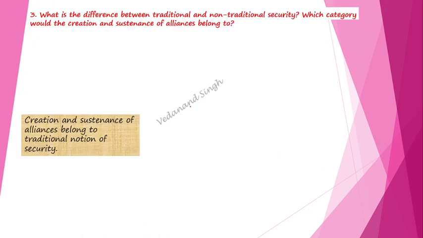And the next question, understand the question first. What is the difference between traditional and non-traditional security, and which category would the creation and subsistence of alliances belong to? Generally we have to differentiate between traditional and non-traditional security, and along with this, the second question is which category the creation and subsistence of alliances belongs to.